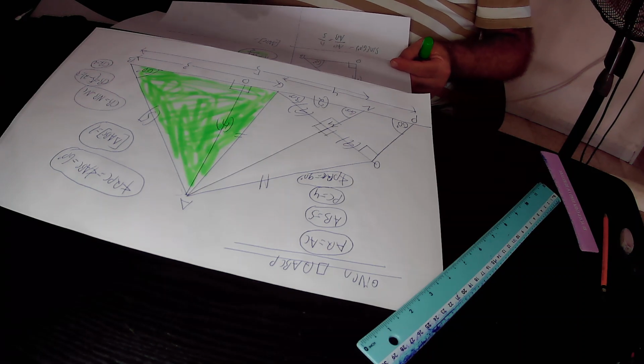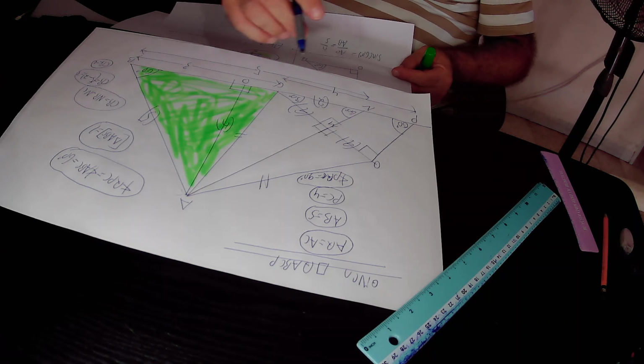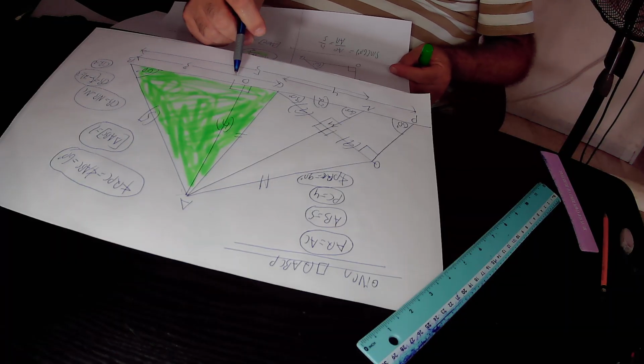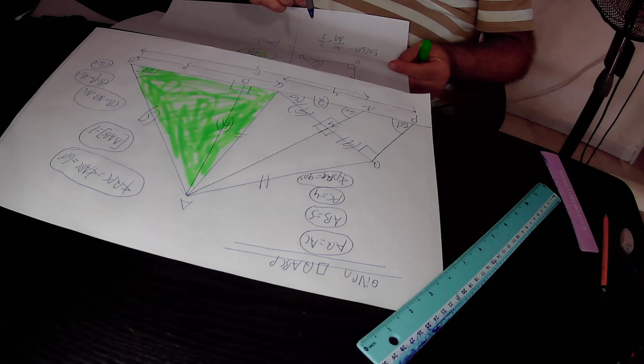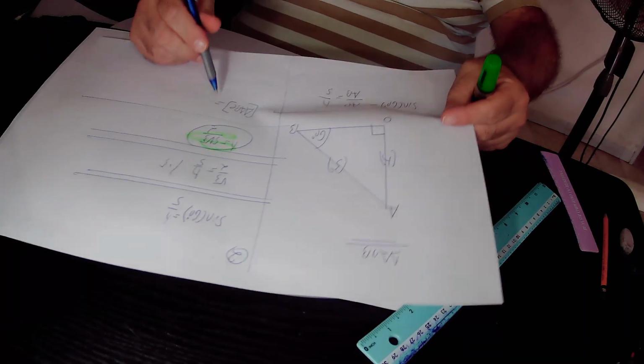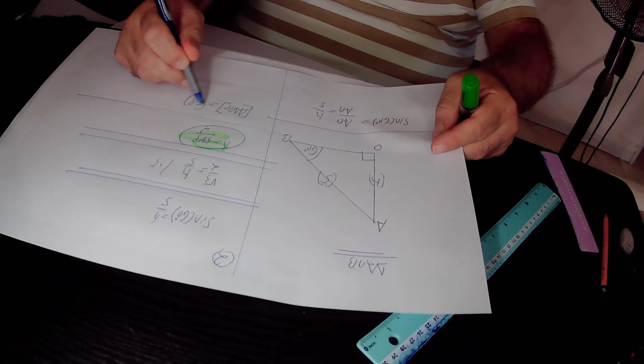We'll choose the base of the green triangle ABC as CB. The height to the base is H. So the area of this green triangle ABC equals the base CB times the height H over 2.